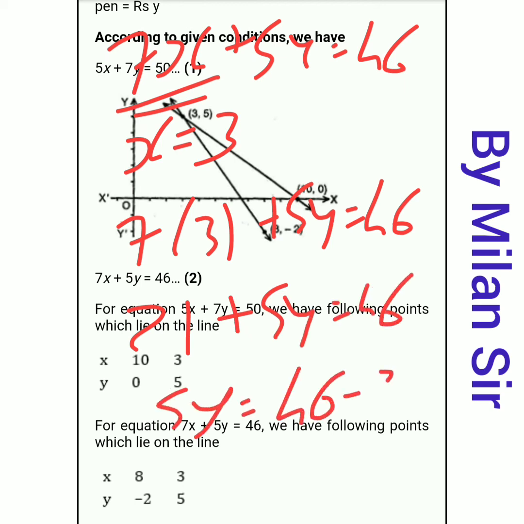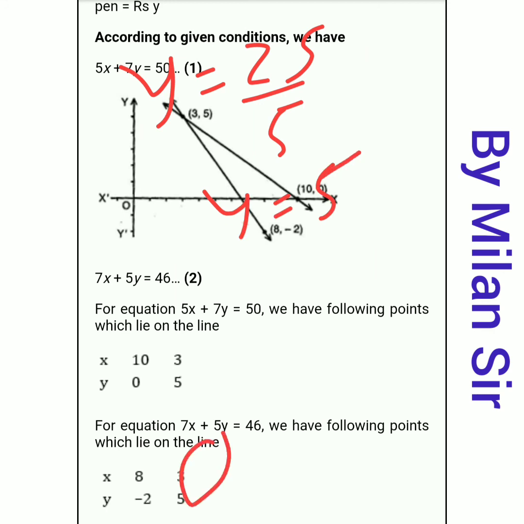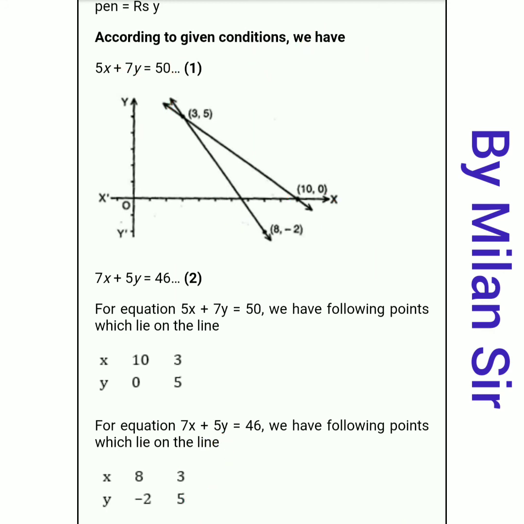So 46 minus 21, so 5y is equal to 25. Then transfer this 5 to the other side, so y is equal to 25 by 5, which is 5. So this is your second point: x is equal to 3, y is equal to 5.